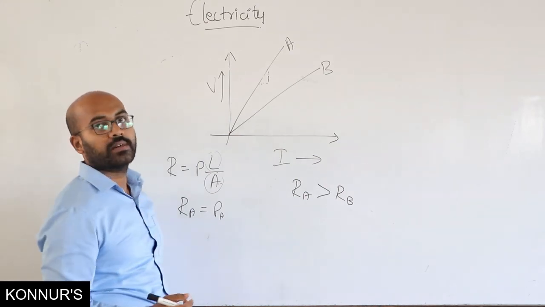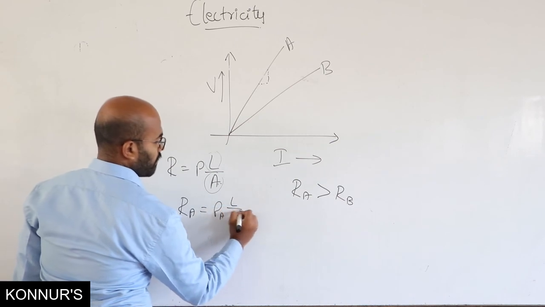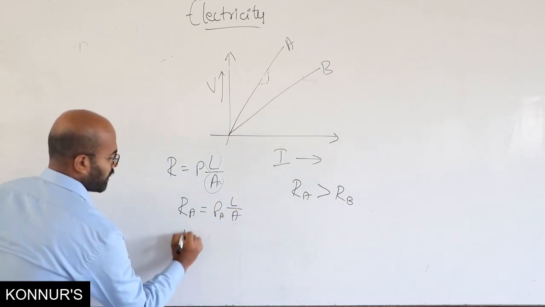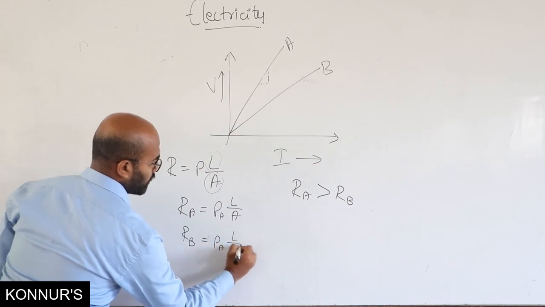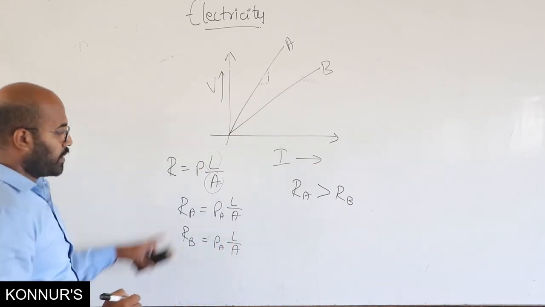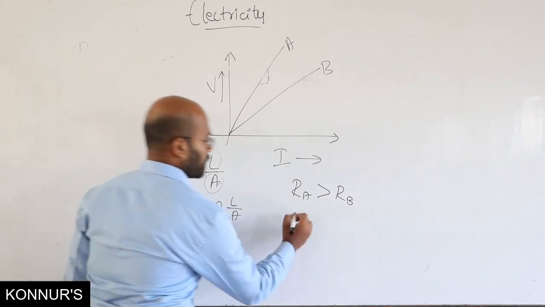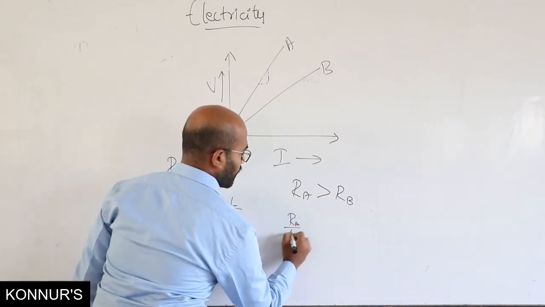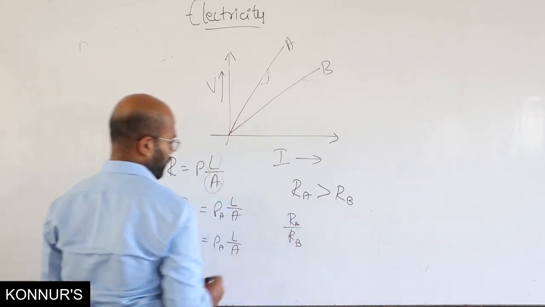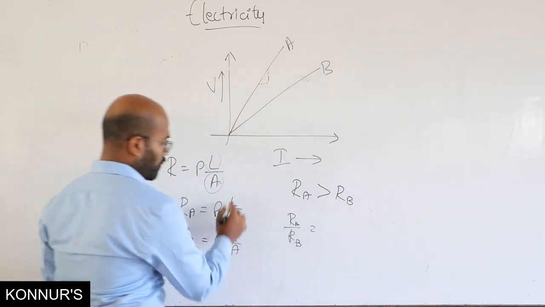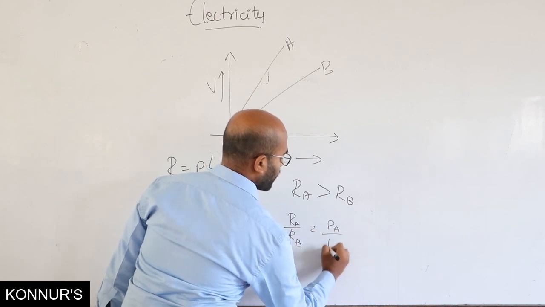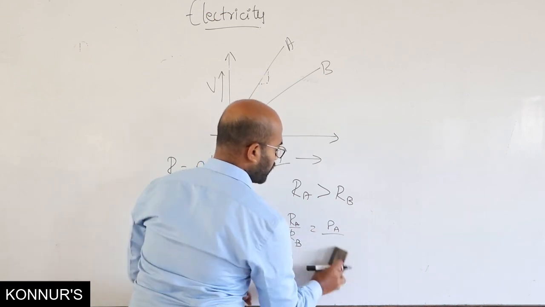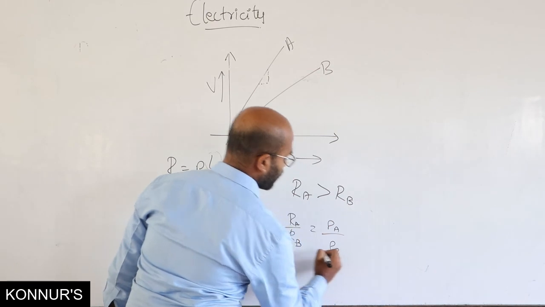It depends on the material. L by A. Similarly, if you take RB, it is rho B L by A. If you take the ratio, that is RA by RB, so both length and area of cross section get cancelled, so we will be left with rho A by rho B.